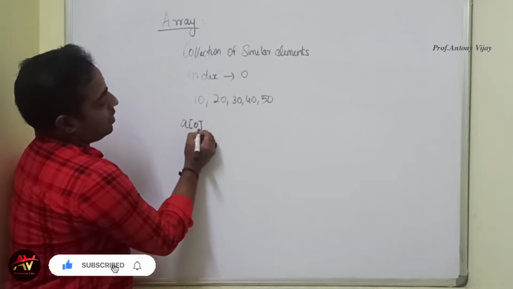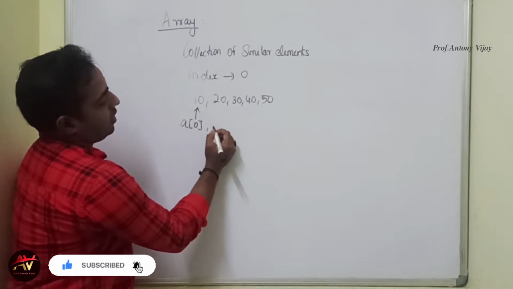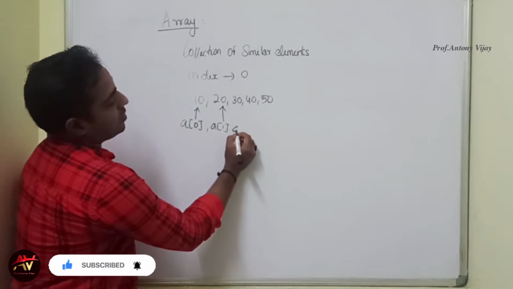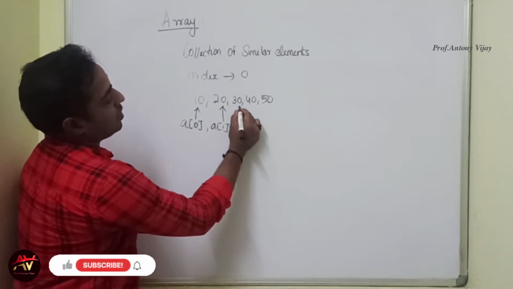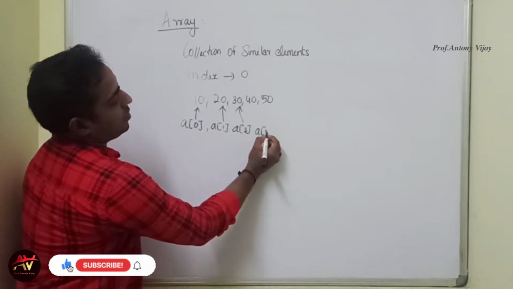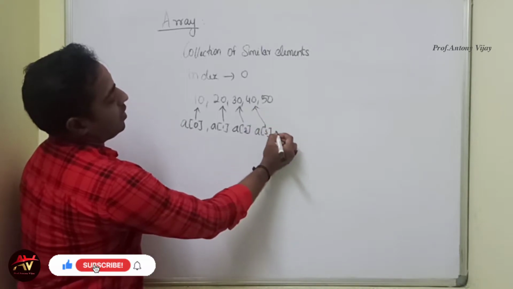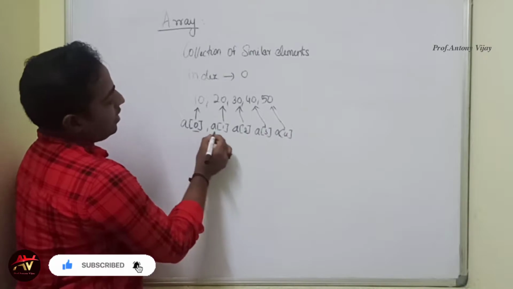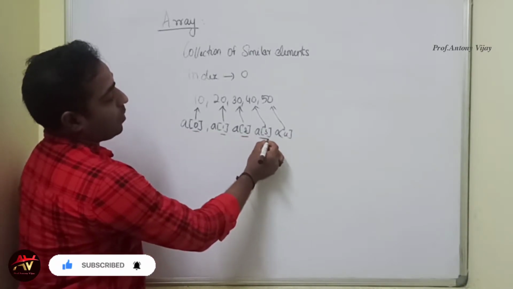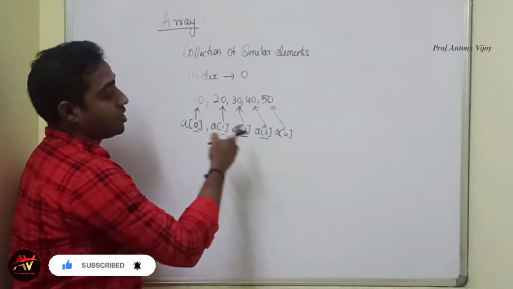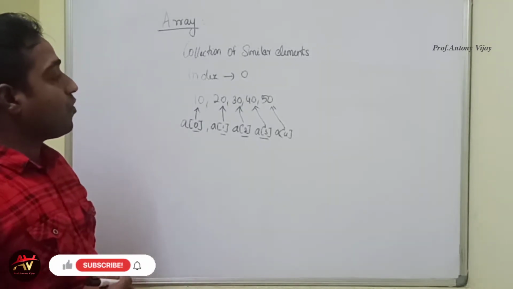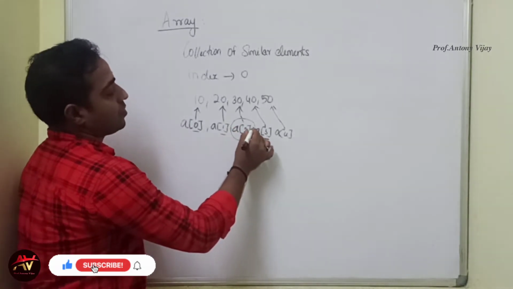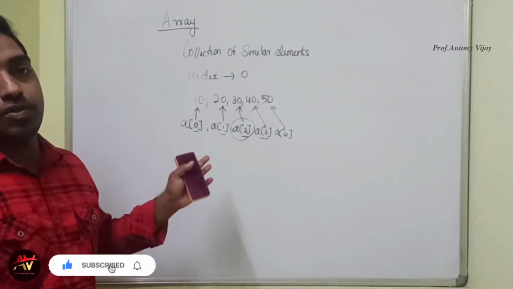A of 0 means 10. A of 1 means 20. Likewise, A of 2, 30. A of 3, 40. A of 4, 50. Likewise, all the elements are indexed properly. At the same time, it is sequential. So in order to find the third element, you make use of A of 2. This is the way we make use of array.